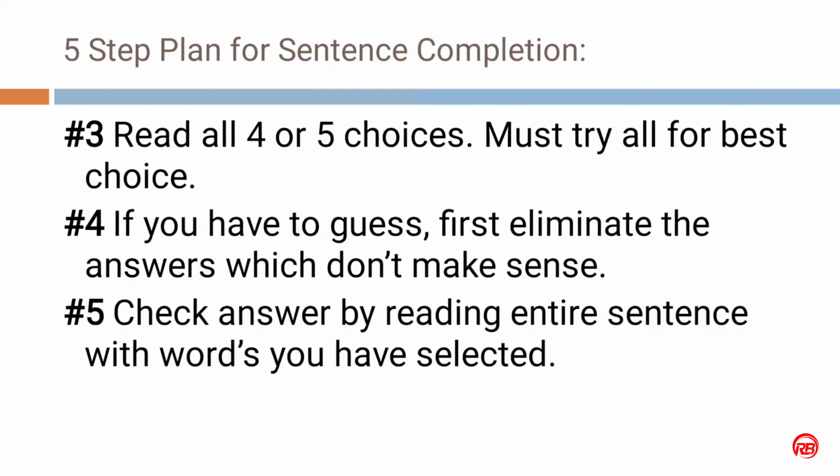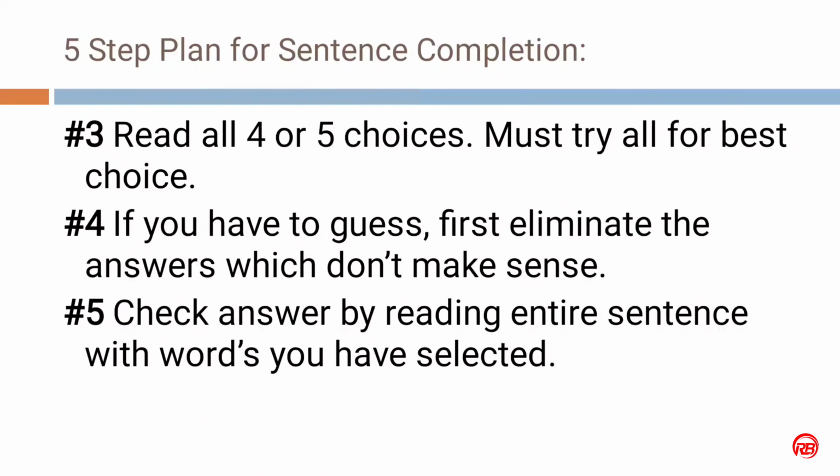So if you couldn't find the correct answer, you can try all the 4 or 5 choices to get the correct choice. And step 4 is, if you have to guess, first eliminate the answers which don't make sense. So as we discussed in the cloze test, we can also apply the elimination trick.